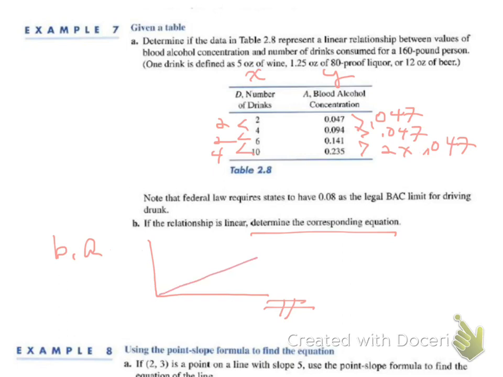So it does start at the origin, so the blood alcohol is going to have a 0 B plus, and then 0.047 divided by 2, because it's this over 2. So you could say that the slope is 0.0255x, and you can prove a linear relationship. Okay, let's go on to example 8.